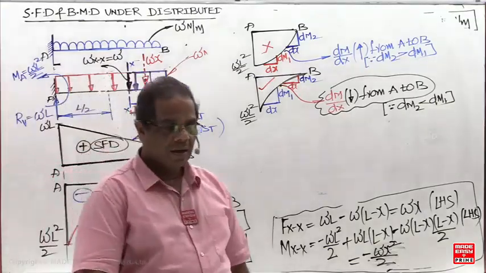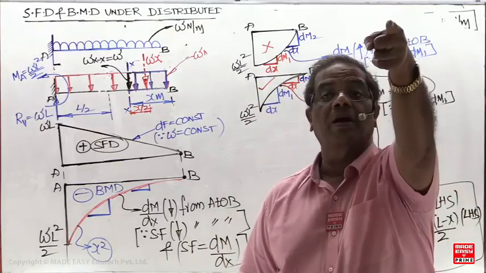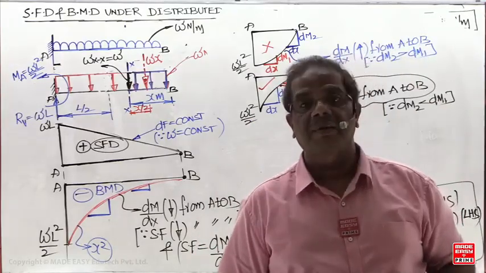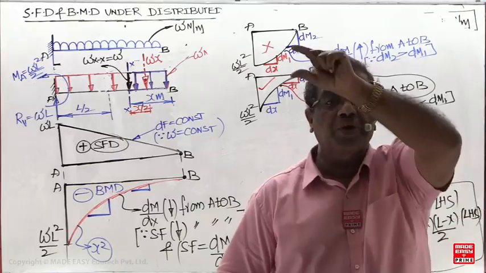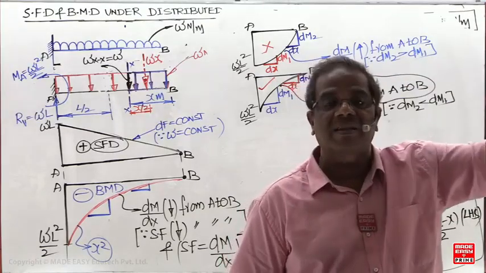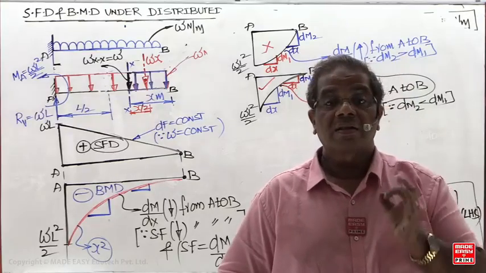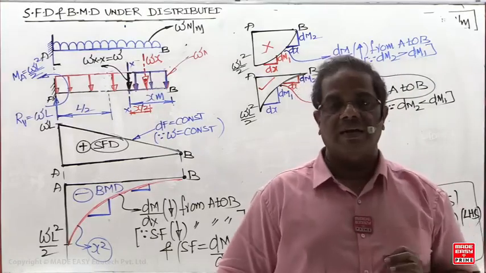The slope of the SFD depends upon the load intensity magnitude. From A to B, load intensity is constant, which means the slope of the SFD should be constant.